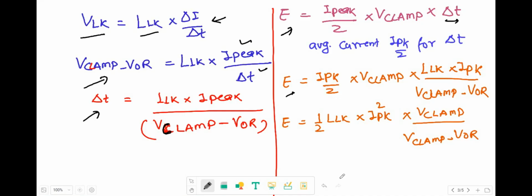Energy equals I peak into V clamp divided by 2, and for delta t I am replacing the value here, LLK into I peak divided by V clamp minus VOR. Now if you solve this entire expression, it is going to be half LLK into I peak square, multiplied by V clamp divided by V clamp minus VOR. Okay, so we got the energy now.